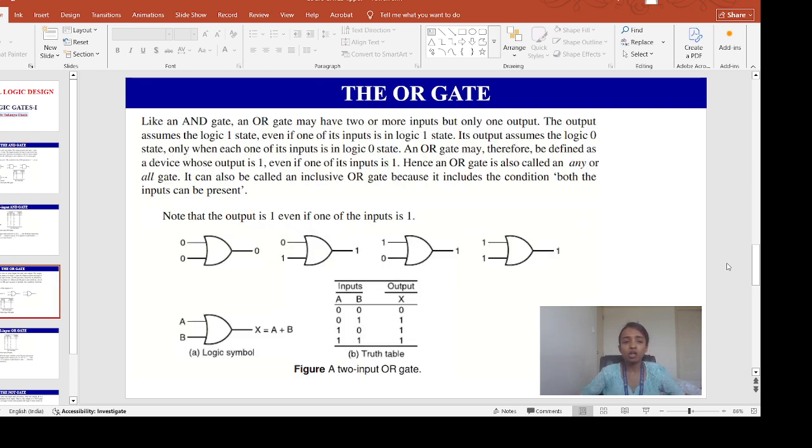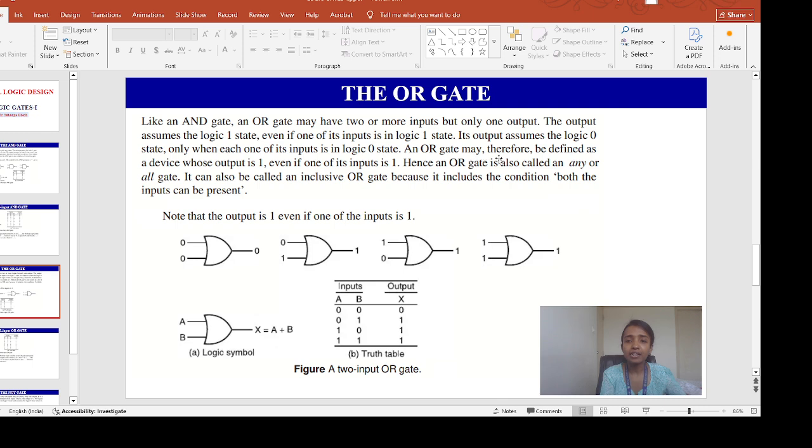Next, moving on to the OR gate. Like an AND gate, the OR gate may have two or more inputs but only one output. The output assumes the logic 1 state even if one of its inputs is in logic 1 state. The output assumes the logic 0 state only when each of its inputs is in logic 0 state.